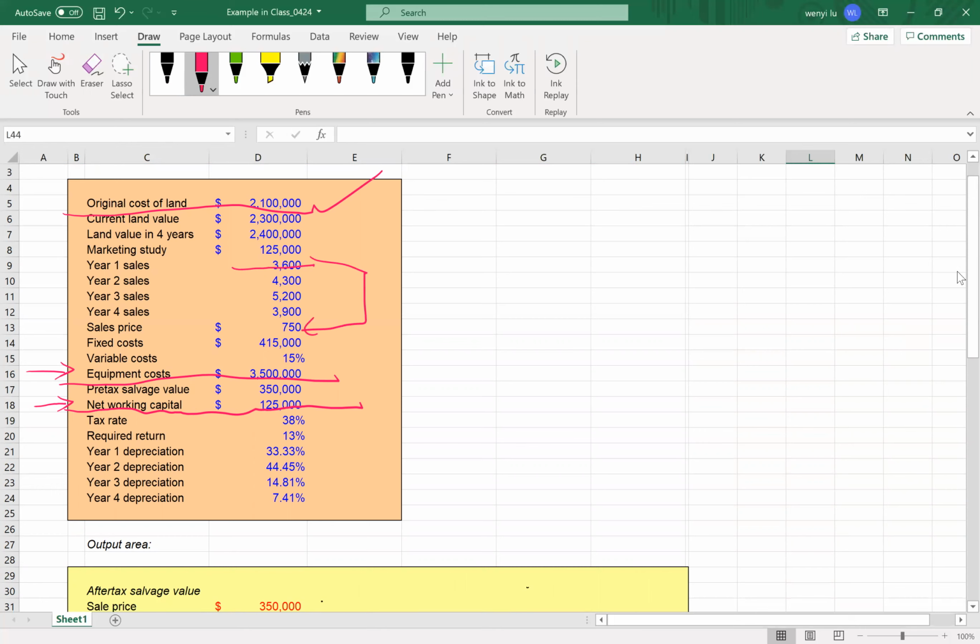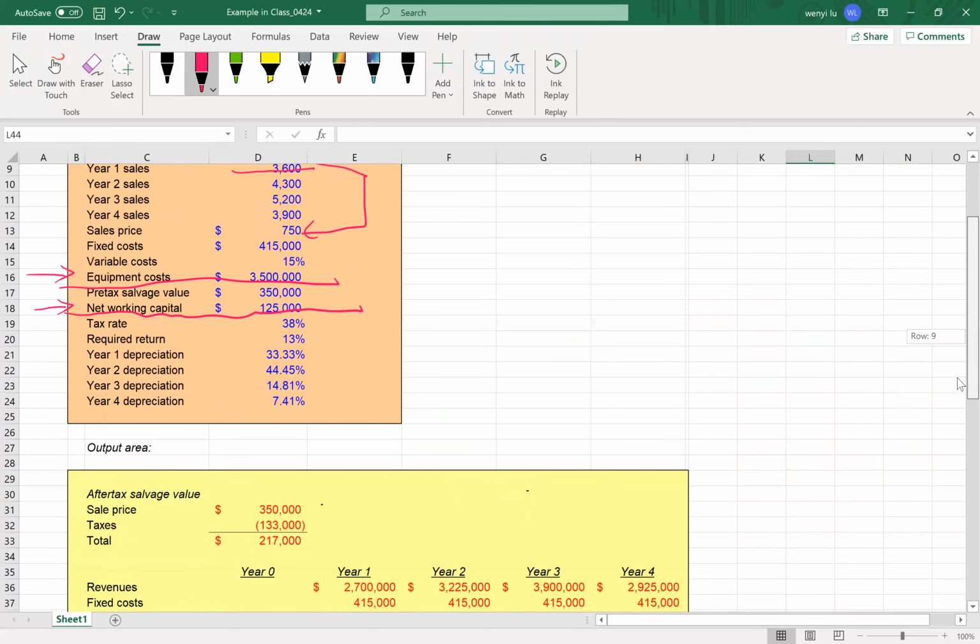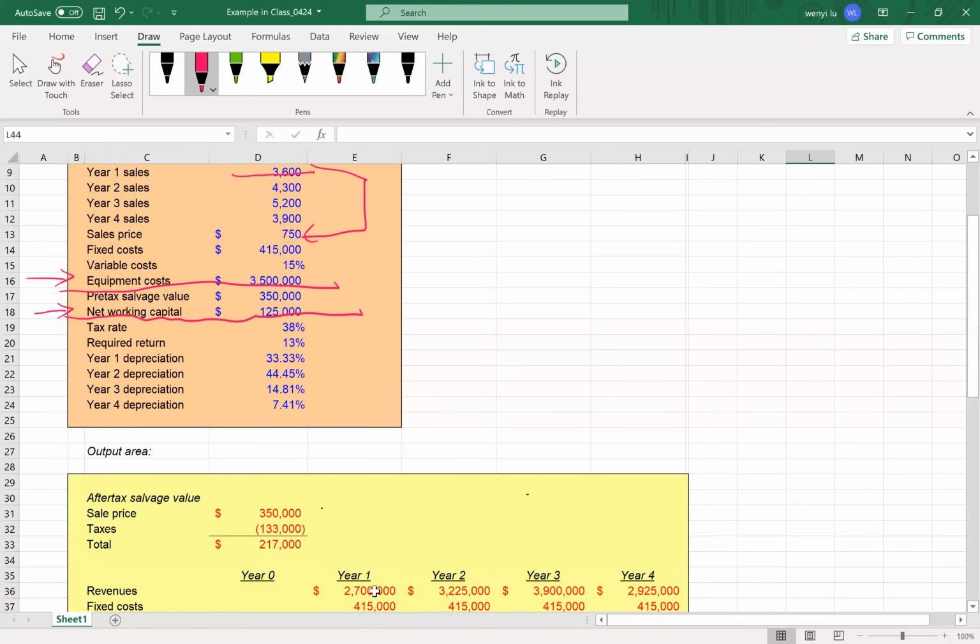You can see the sale here will be 750 times 3600. That's the revenue for the first year.